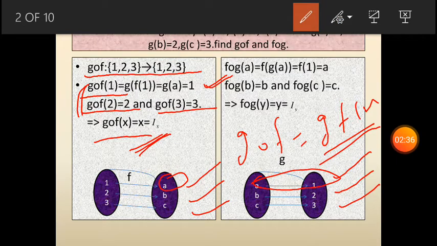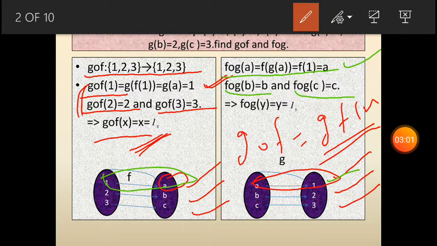you can see here for fog, our domain is {a, b, c}. So fog(a) becomes f(g(a)), and g(a) is 1. So we write f(1), and f(1) is a. So it becomes a. Okay. So fog(b) is b and fog(c) is c, which you can calculate in rough in your copy side by side.